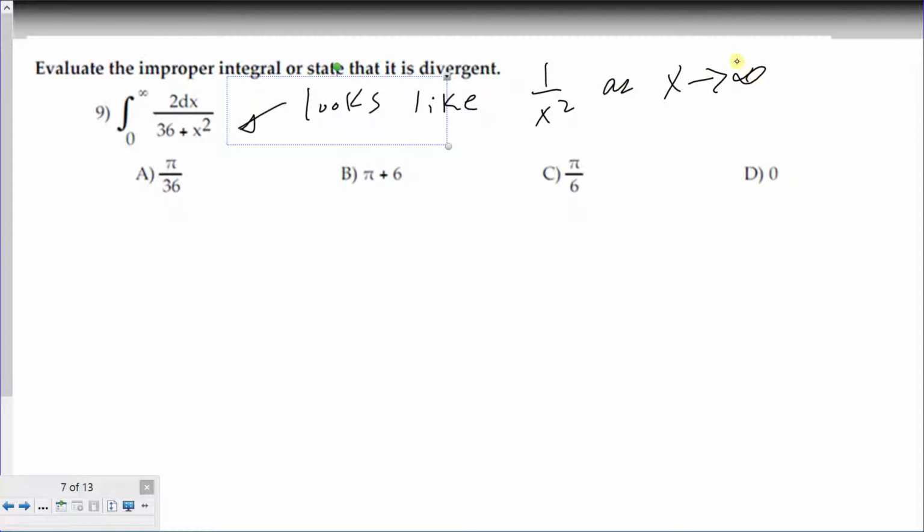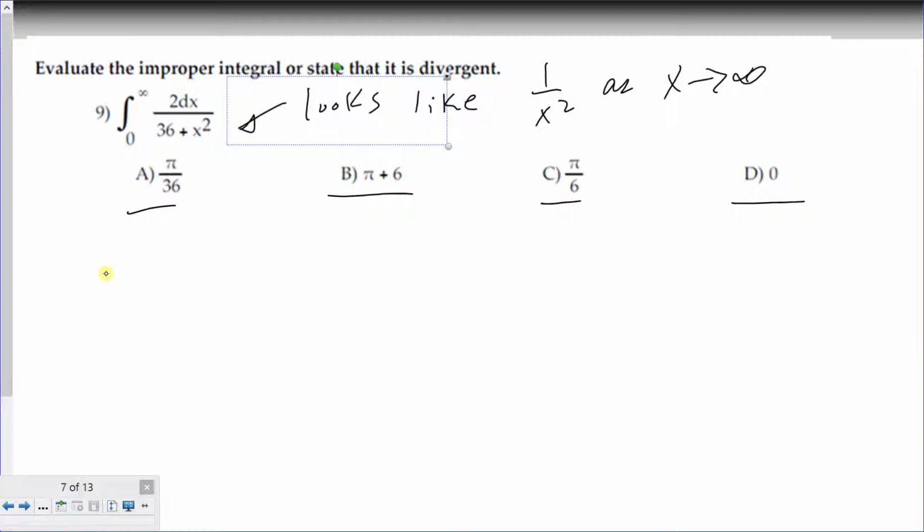So we expect it to converge, and indeed you can see that the possible answers are finite numbers. Therefore, we would expect to be able to actually calculate the value here in this case.